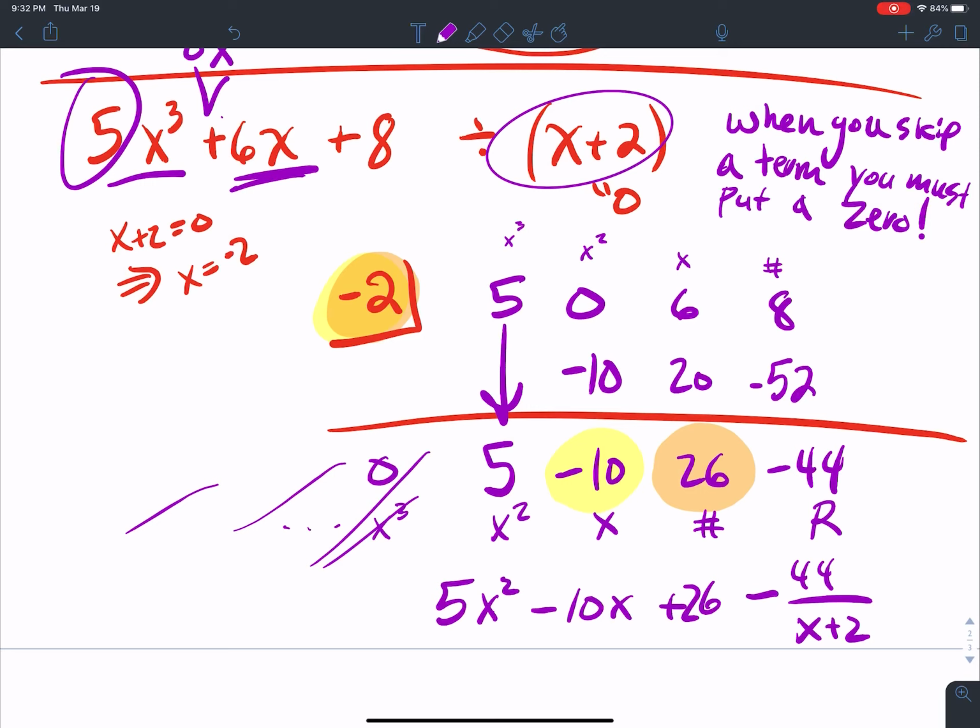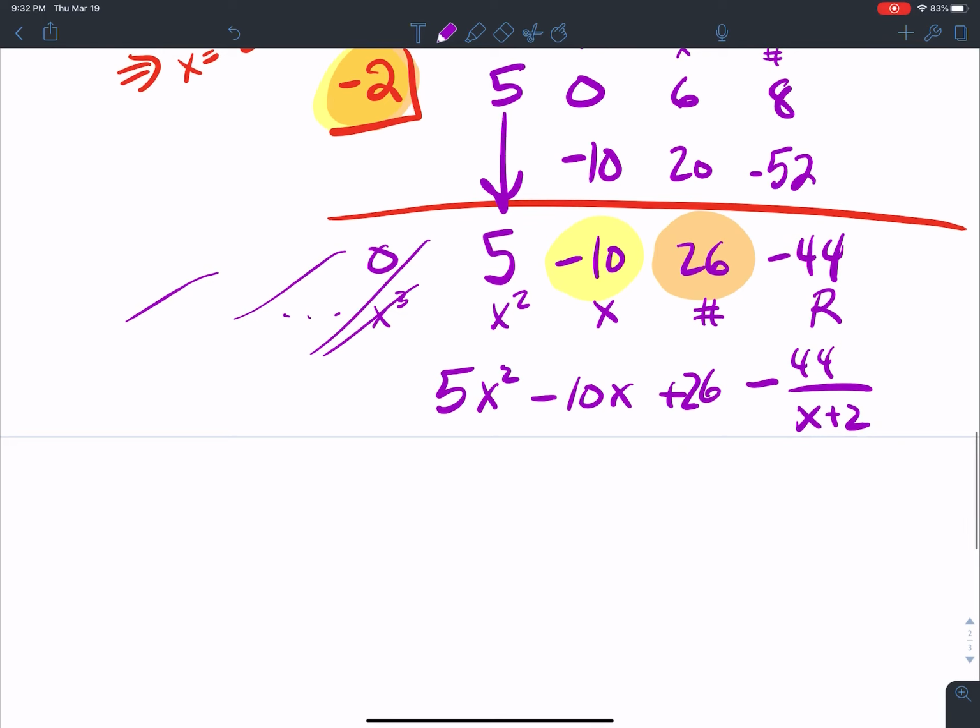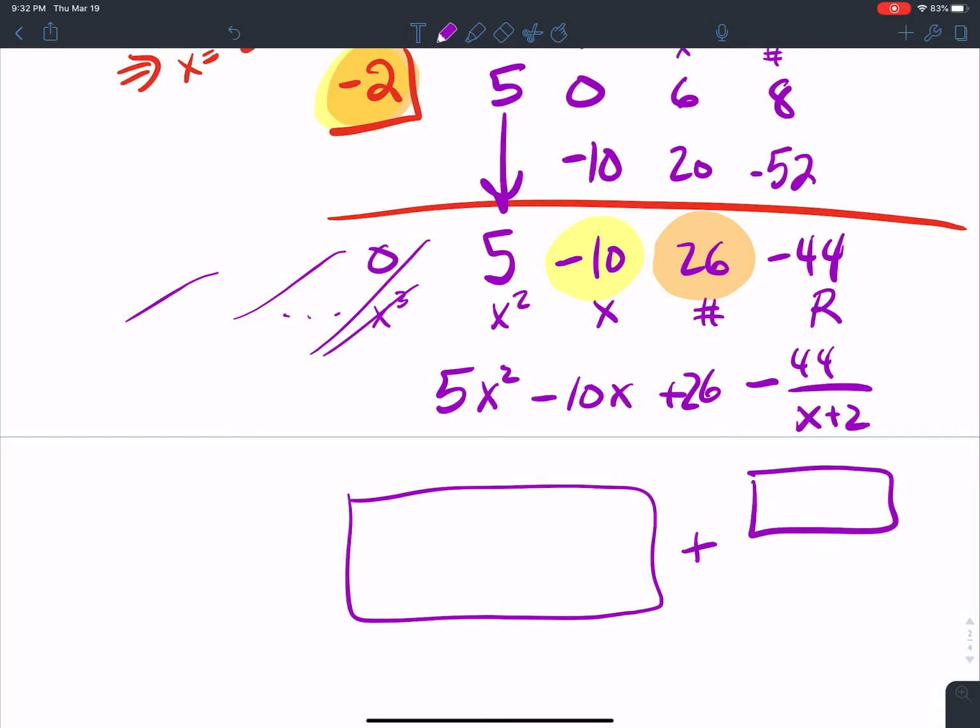Now y'all see how it's a minus here? It's a minus there because this is a -44, okay? So you have to be careful because sometimes in Hawks it'll have your answer split up, where you put in the polynomial and then it says plus and then it has a box divided by a box, right?